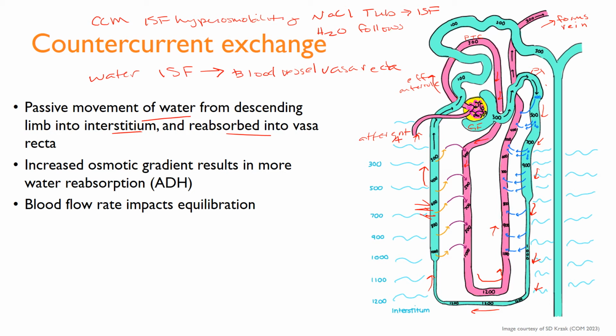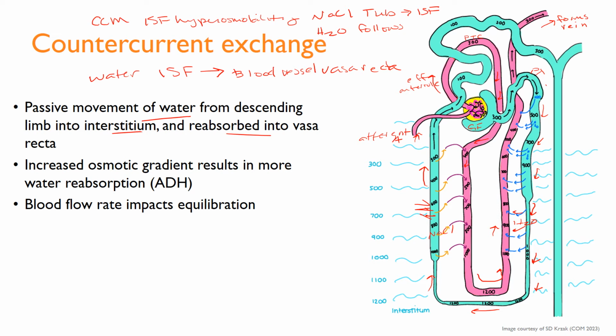The thick ascending limb is reabsorbing sodium chloride into the interstitial fluid. Meanwhile, water is leaving the thin descending limb over here. So this water will get reabsorbed into the blood vessel, the vasa recta, as it's moving upward.